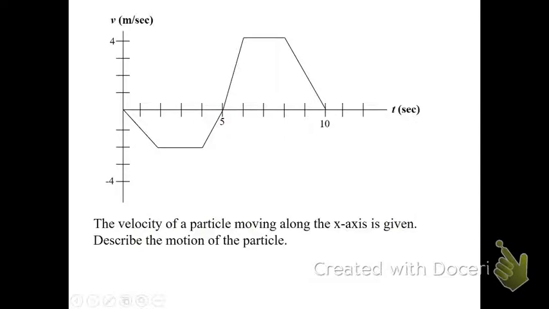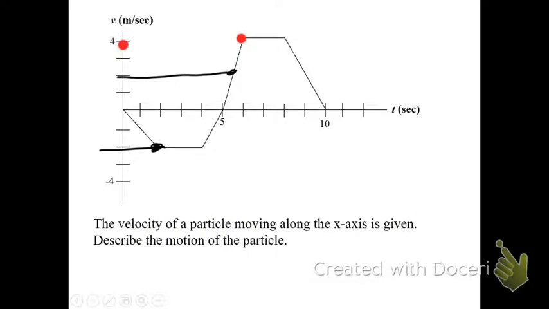Okay, so the speed right here is 4. The speed here would be 2 meters per second, same as the velocity. Okay, but the speed here, that's a velocity of -2.